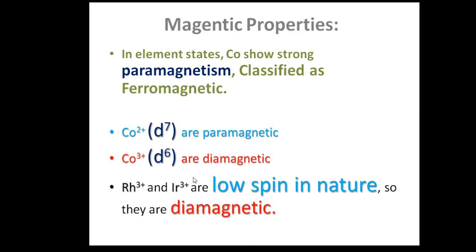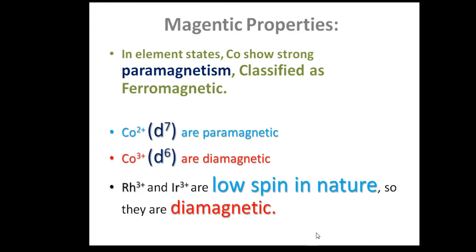In the first transition series, we already discussed the exceptional electronic behavior of chromium and copper, where the electronic configuration is 3d5 4s1, and in copper it is 3d10 4s1, which are the half-filled and completely filled configurations.